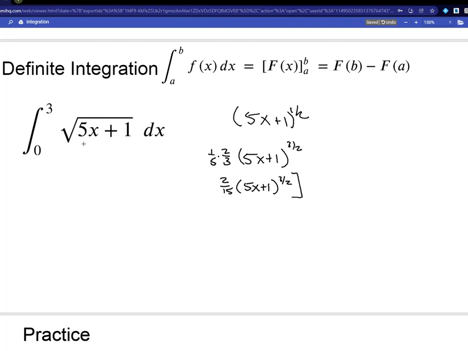Yep. Then what'd you do? I used the limits and plugged them in my calculator. And what'd you get? I got 128 over 15 minus 2 over 15, which gave me 126 over 15.